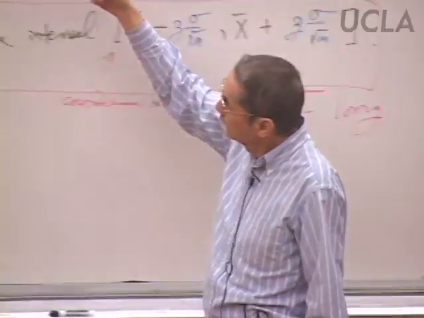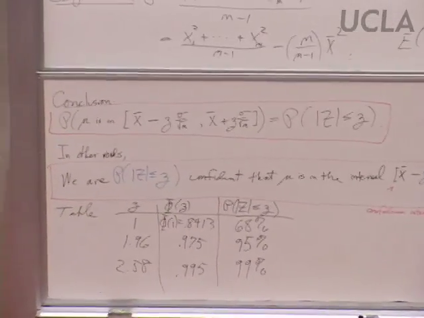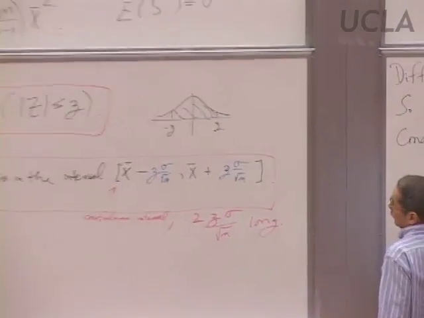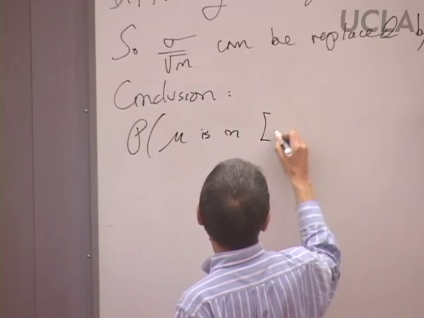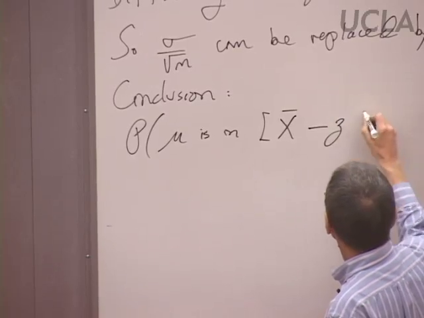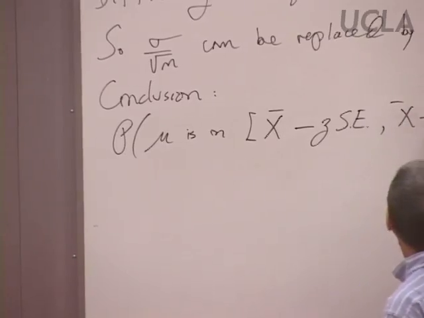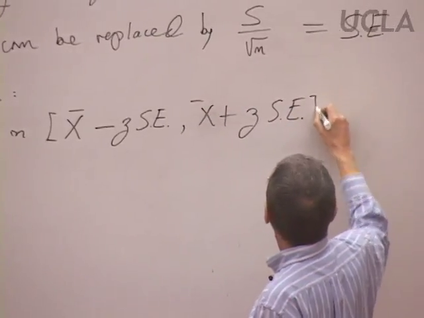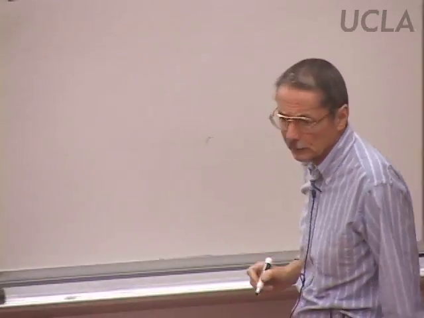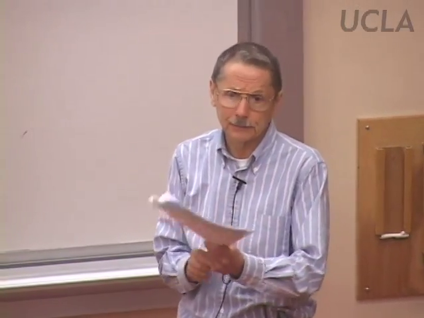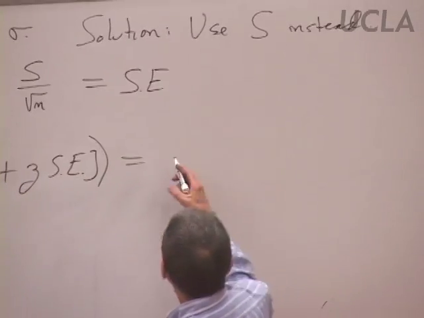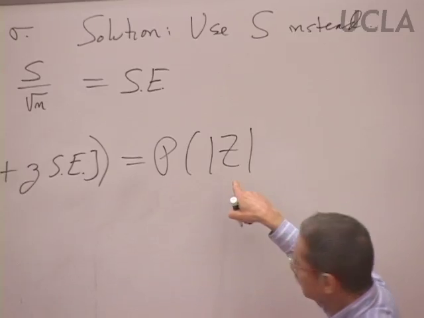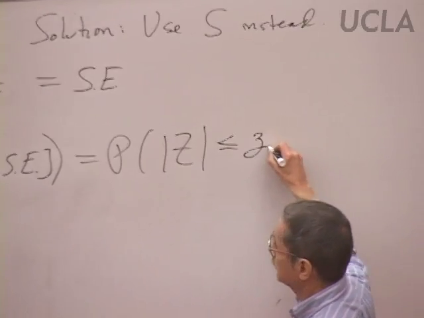Well, so our conclusion again, a variant of it: the probability that mu is in the interval x bar minus z standard errors up to x bar plus z standard errors is approximately, because using the central limit theorem is an approximation, x bar is almost standard normally distributed, and we've introduced some other approximations since then, the probability that a random variable with the standard normal distribution in magnitude is less than or equal to z.